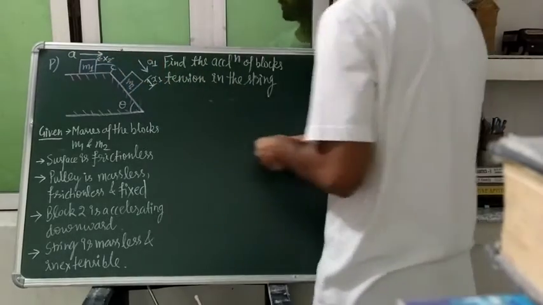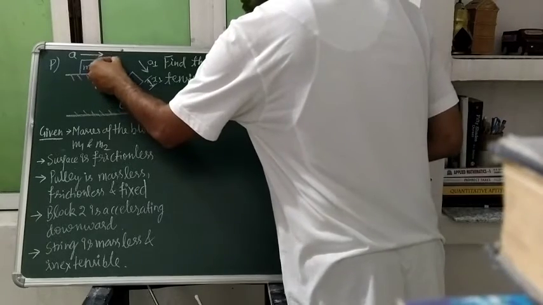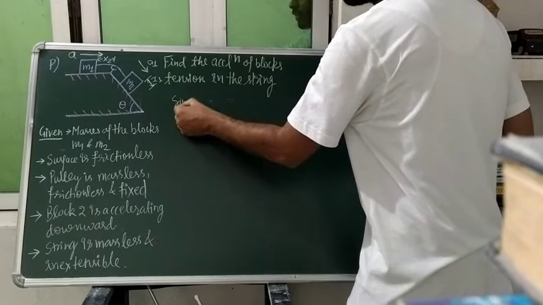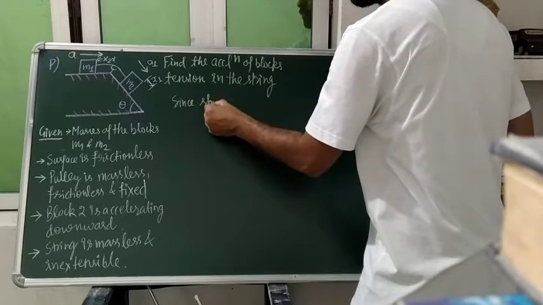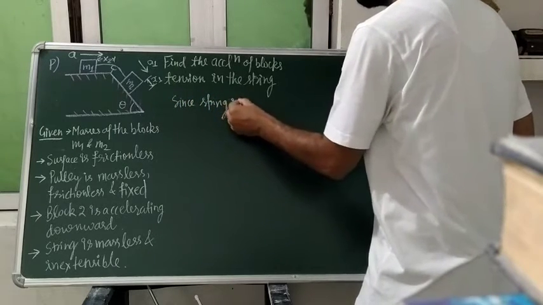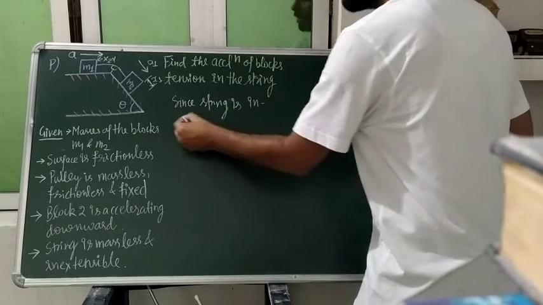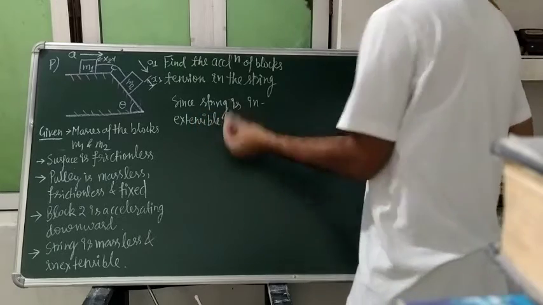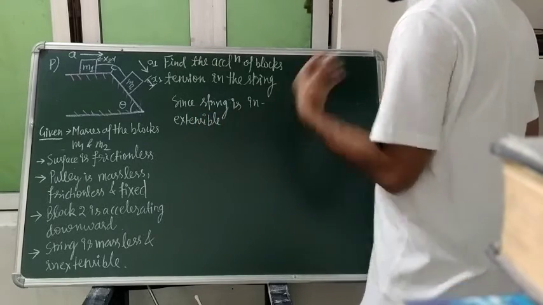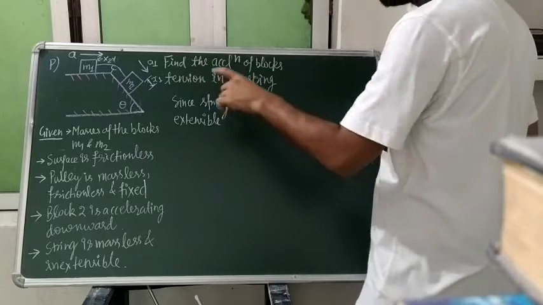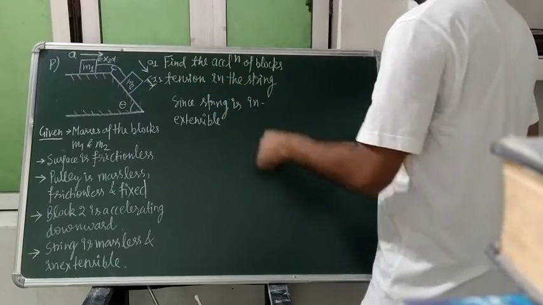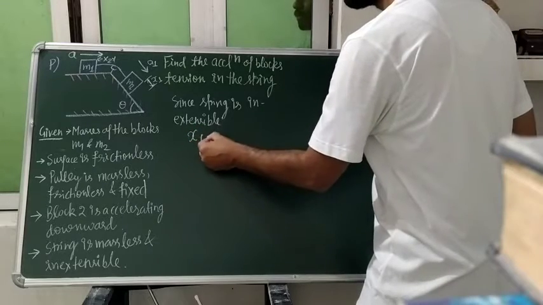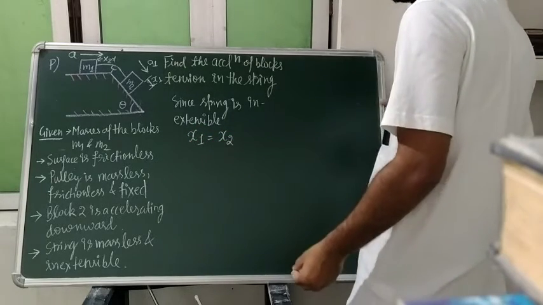Of course, since the string is inextensible and only one string is present, its length is not going to change. So x1 will be equal to x2.